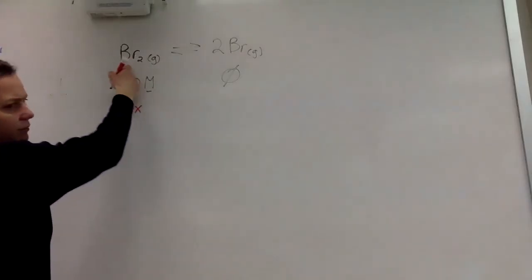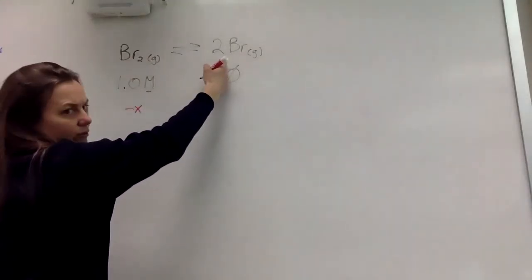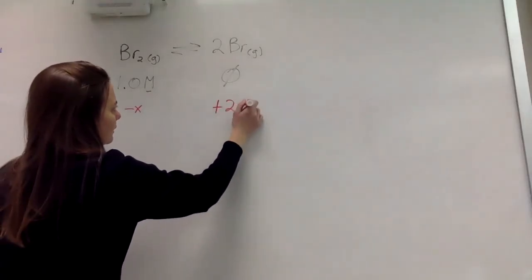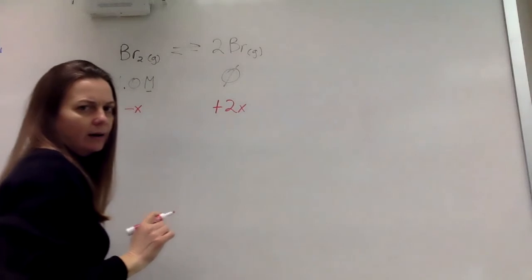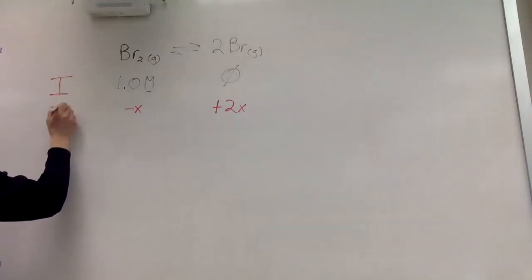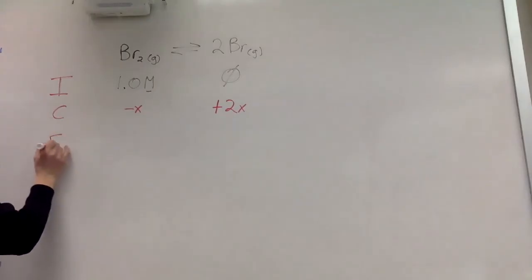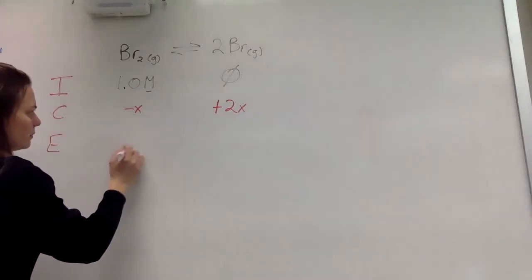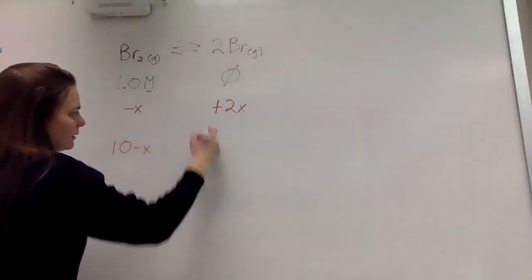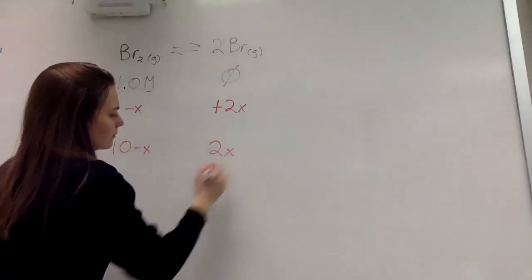And for every one of these that breaks up, I get 2 of these. So this is going to increase by 2x. So this is initial, and it is going to change by this. And this means that at equilibrium, this is going to be 1.0 minus x, and this is going to be 2x.